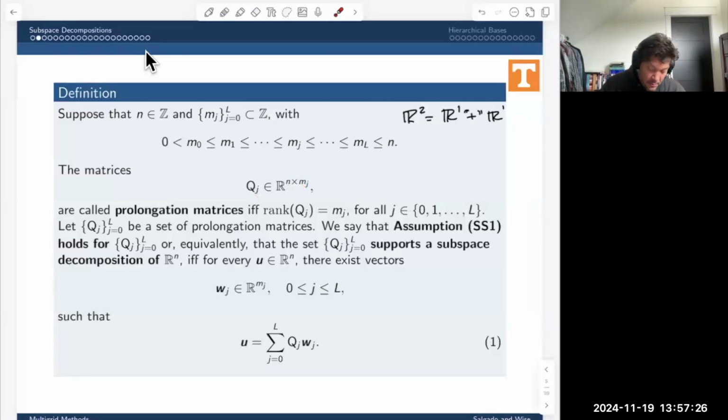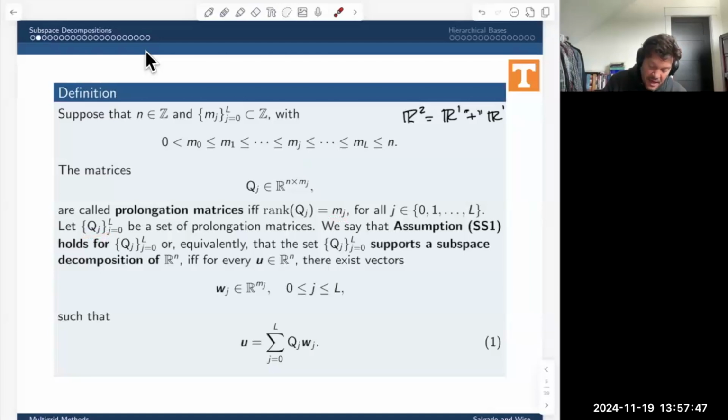So that's what we call a prolongation matrix. We're going to call them prolongation matrices as long as they are full rank. So the rank in this case is going to be m_j, okay, because all of these m numbers are less than n. So let this be a set of prolongation matrices.